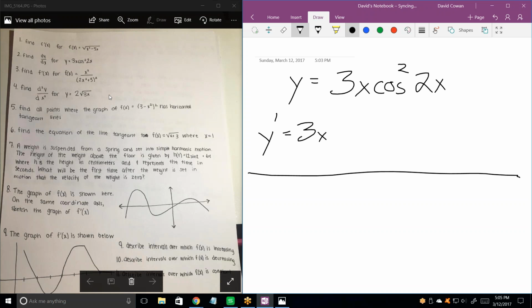Oh, is it cosine? Number three. X squared plus 3? Correct. Number four, what's the inside? Root 3x. No, 3x.